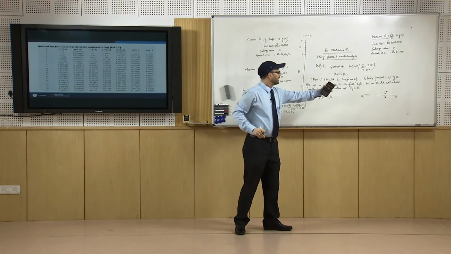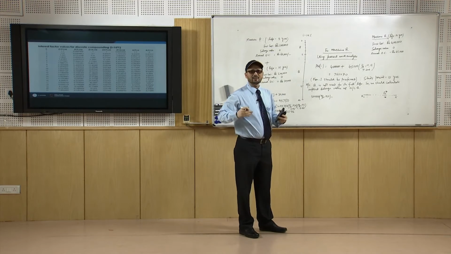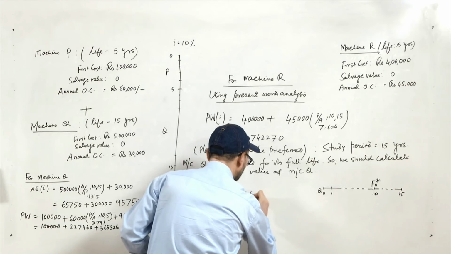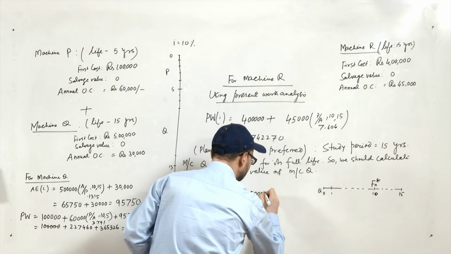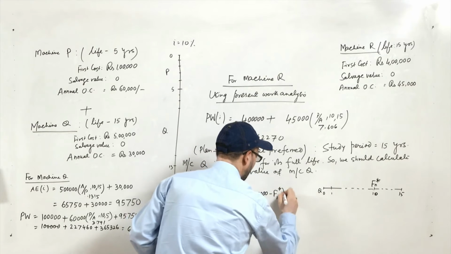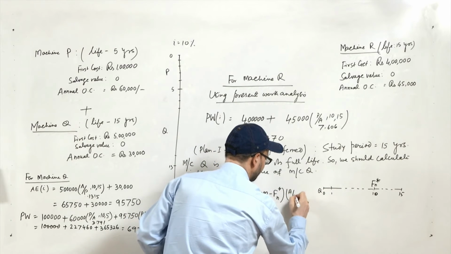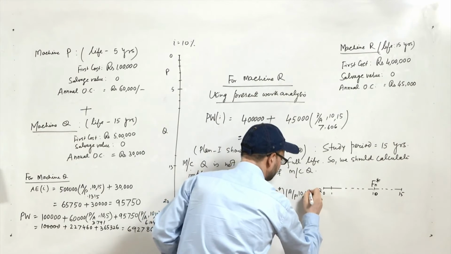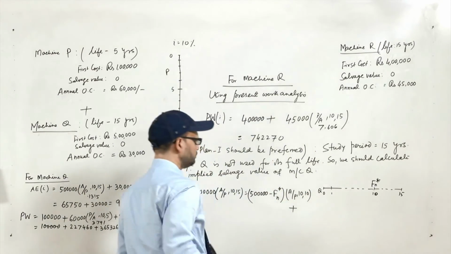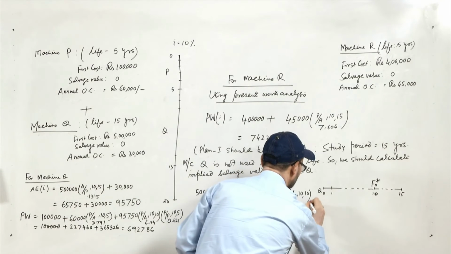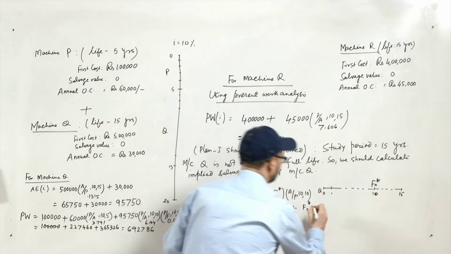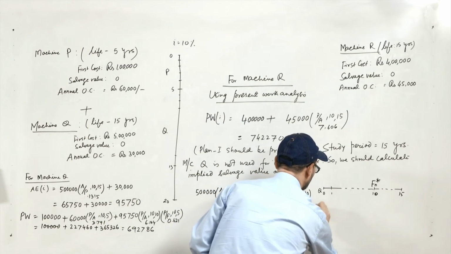Now, it's Fn star, that is the implied salvage value at the end of 10 years. For that you will have 5 lakh minus Fn star, A by P 10, 10, plus Fn star multiplied by I, that is 0.10.